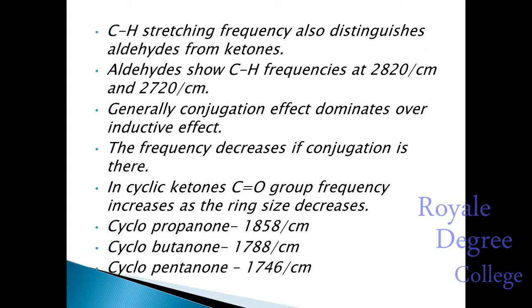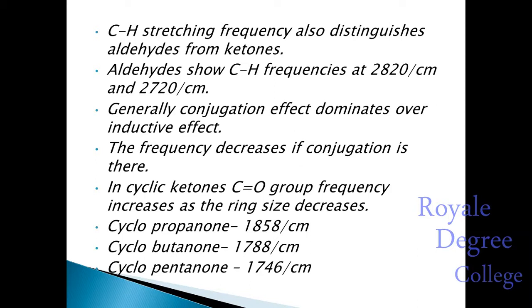So C-H stretching frequency also distinguishes aldehydes from ketones. Aldehydes show C-H frequencies at 2820 per centimeter and 2720 per centimeter. Generally, conjugation effect dominates over inductive effect. The frequency decreases if conjugation is there.